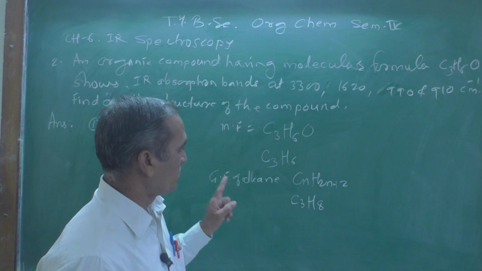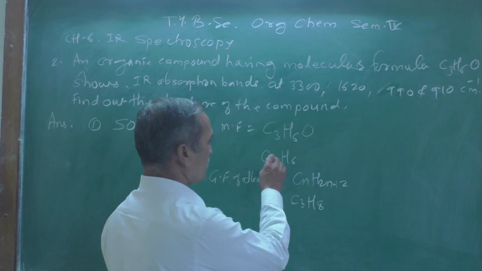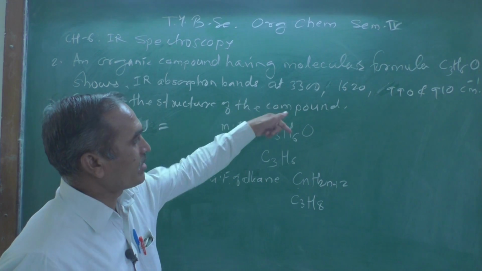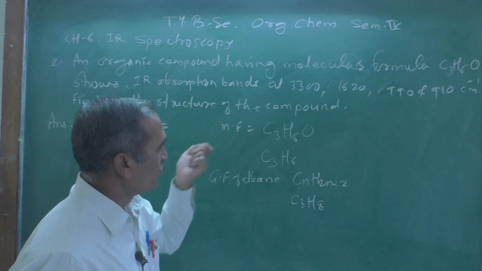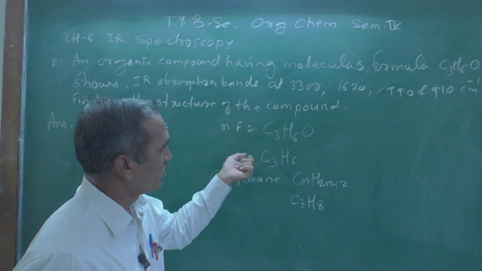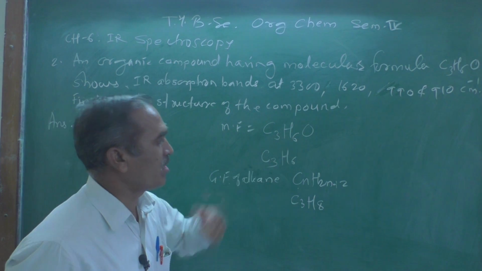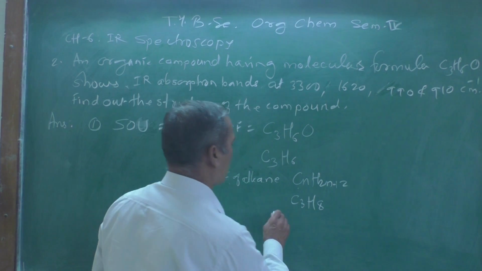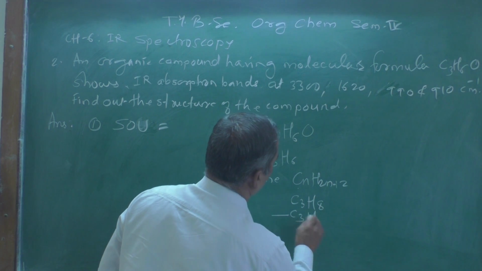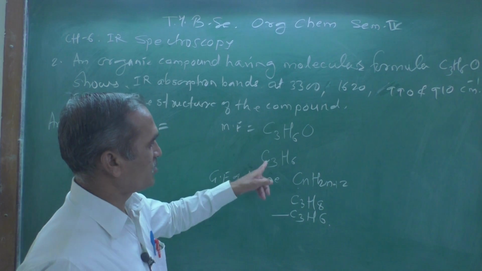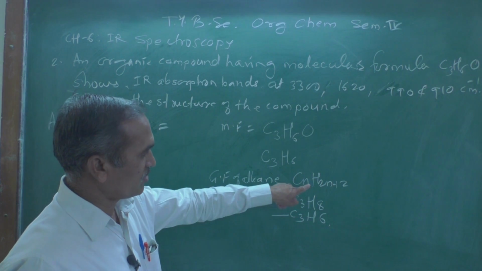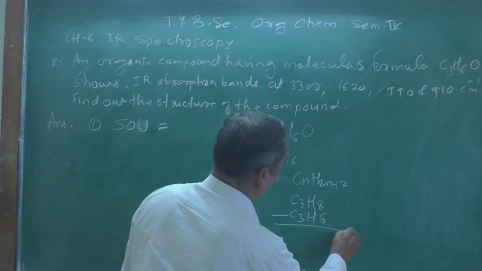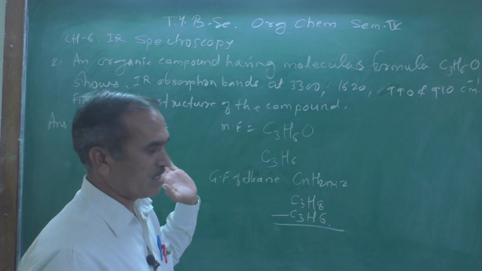After that, C3H8. Now, after neglecting that oxygen atom, we got the base formula C3H6. Similar to mathematics, you can subtract it. Remember, this C3 comes from here and this C3 from this, so C3 and C3 cancel.